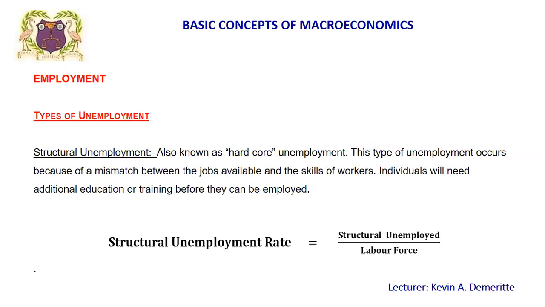And lastly, we have what is called structural unemployment. This is hardcore unemployment. This is a type of unemployment where you could be out of a job for 10 years because there's a mismatch between the jobs available and the skills of workers. For you to get another job, people need additional education or training, go back to school, something.